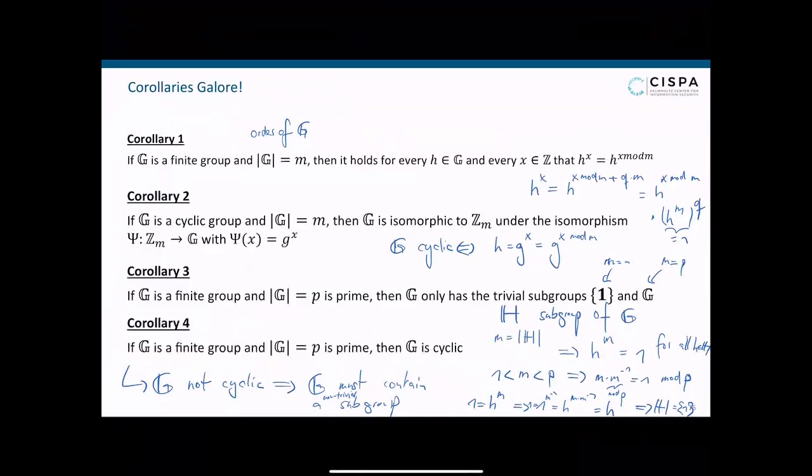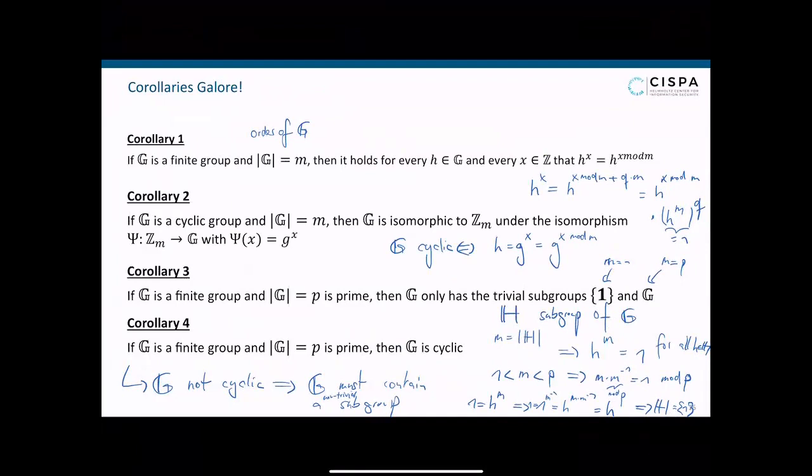Now, corollary 4 is a very simple idea where we say if G is a finite group and has prime order, then it is cyclic.